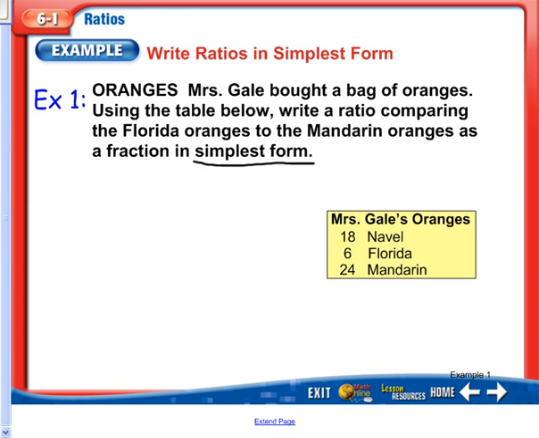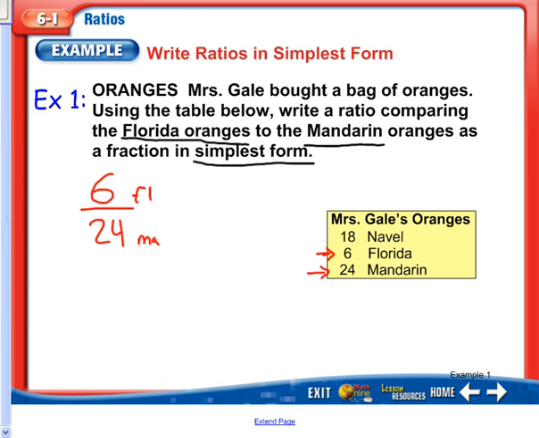So we are comparing Florida oranges to the Mandarin oranges. I see Florida oranges down here, and I see Mandarin down here. So we have 6 on top for Florida oranges. I'll just do FL so I can remember my label, and 24 on bottom with MA for Mandarin.